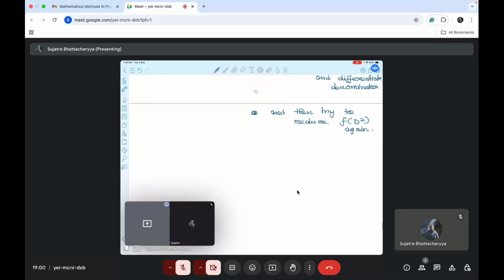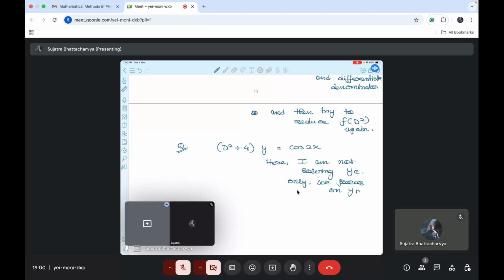So let us see the question. Say d square plus 4 y is equal to cos 2x. I am not solving the complete yc here; we only focus on y of p.